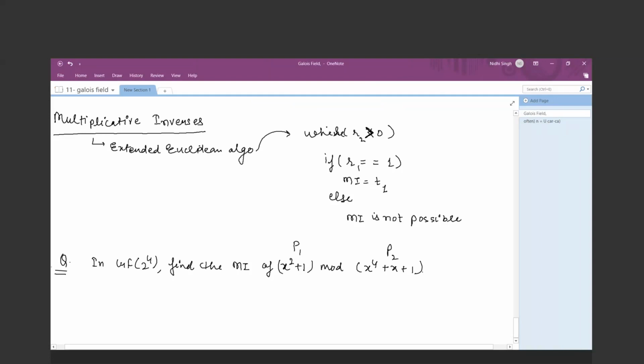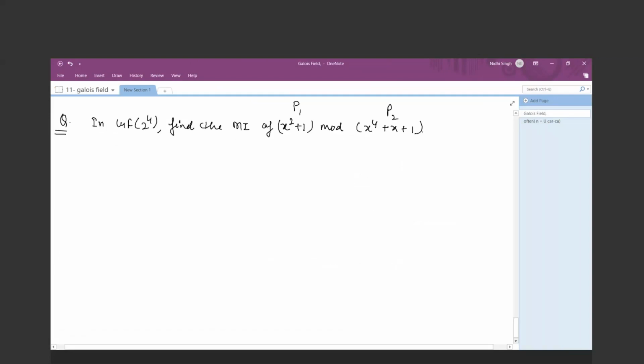In the extended Euclidean algorithm, we have to use some variables like S, T, T1. In this case, we will not consider S values, we will consider only the T values because we are concentrating only on finding multiplicative inverses, not the values of S1, S2. So Q is the quotient, R1, R2 are remainders, and T1, T2 and T. The value of T1 will decide the multiplicative inverse.